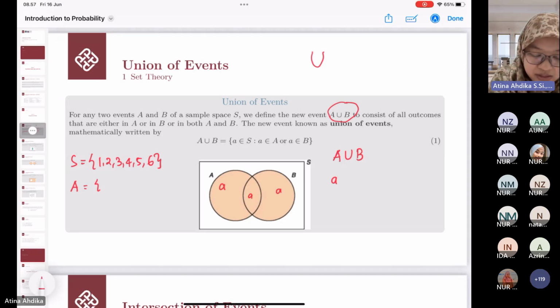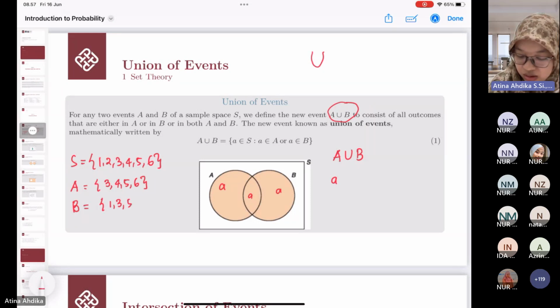So we have A here as 3, 4, 5, and 6. And then I define another event, B, the set of all the odd numbers of tossing a die. So we have here 1, 3, and 5.